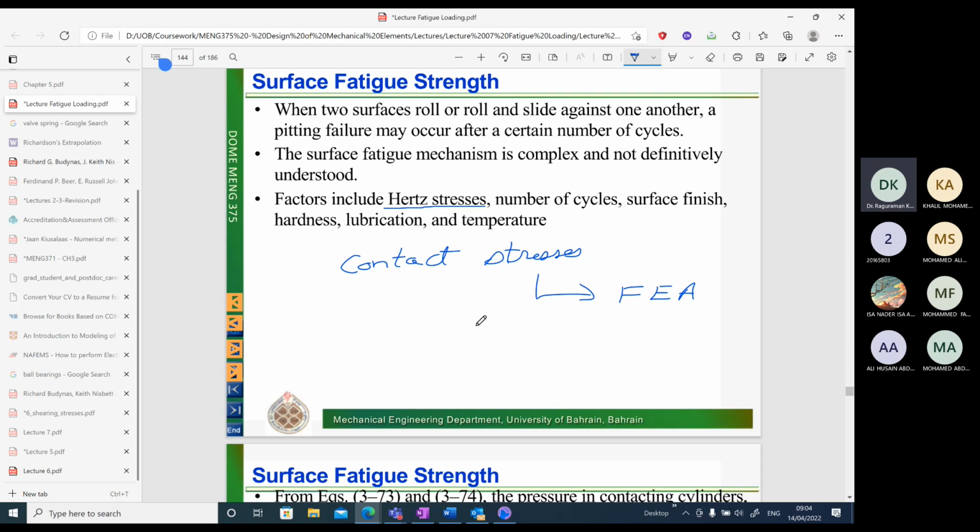Okay, so again, contact problems are not very simple. Even for two dry contact surfaces, solving that problem is pretty complicated. But in general, these contact surfaces are usually lubricated.